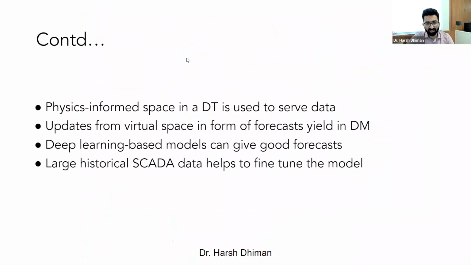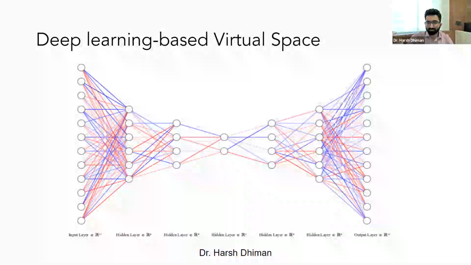So that's one advantage of going ahead with deep learning based models. They are good for forecasts, they give you reliable forecasts. And if you want to improve your forecasts, you need a large historical database. Essentially, for a wind turbine, we call it SCADA data. You need a large historical SCADA data.